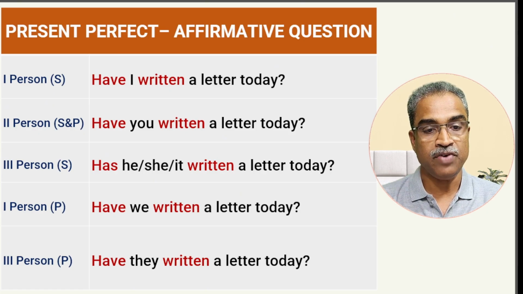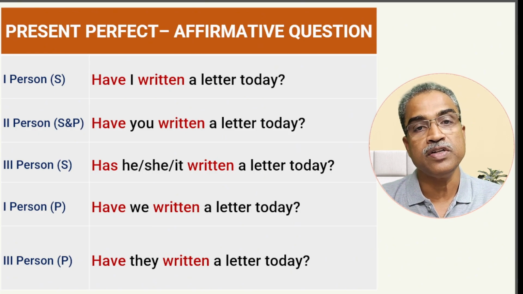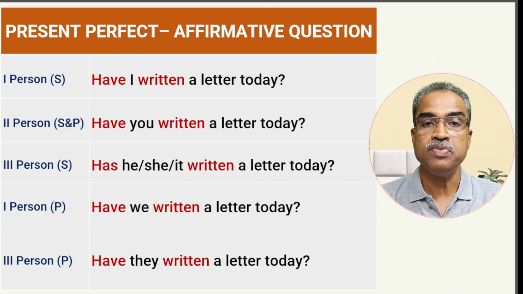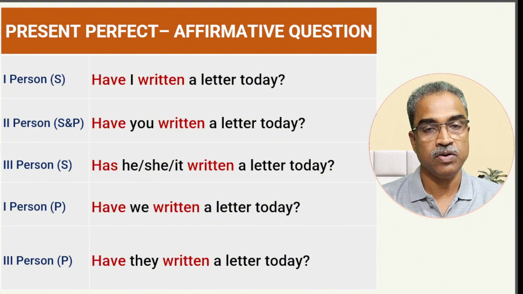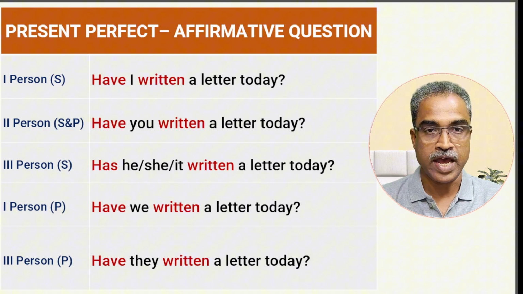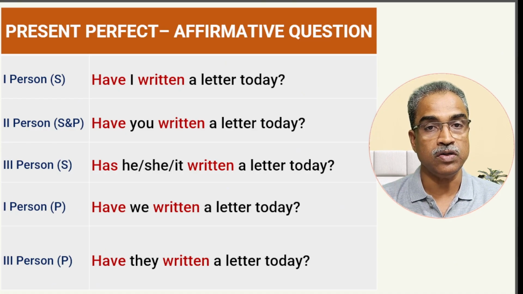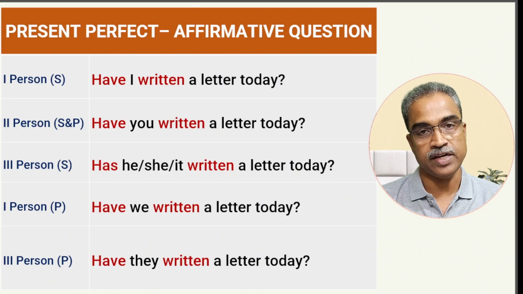So, for example, if I ask you, have you written a letter? The answer will always be yes or no. Has he written a letter? Yes, he has written. Or else, no, he hasn't, or he has not written. That will be the answer.